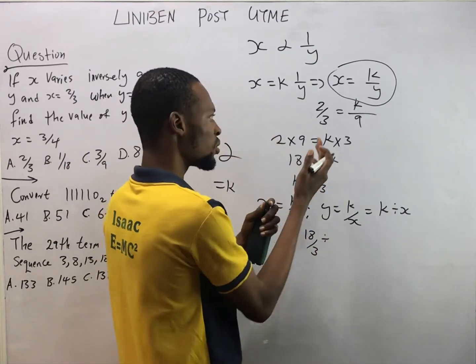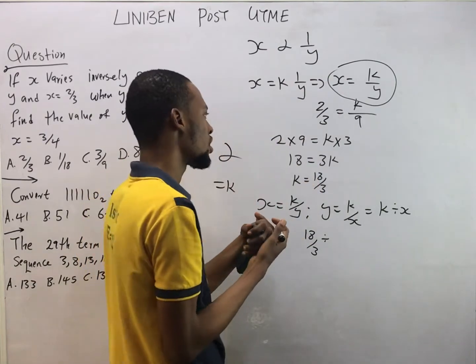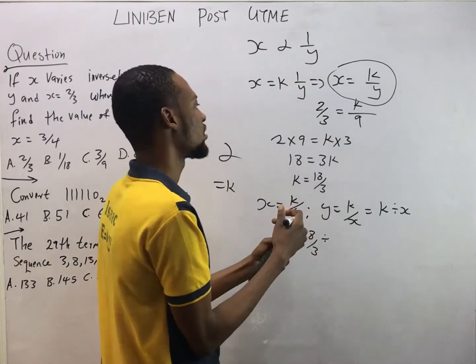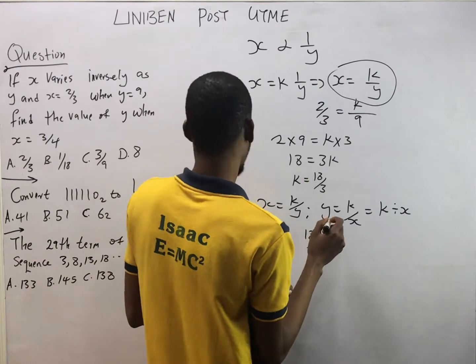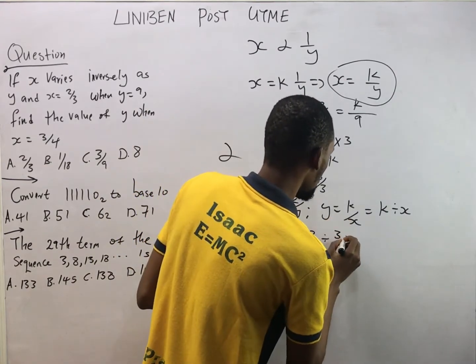We are no longer using the old S because we are looking for the new value of Y. So that's 3 over 4.